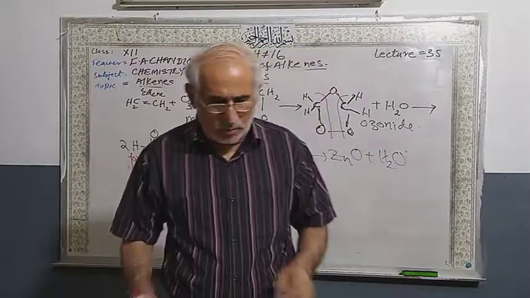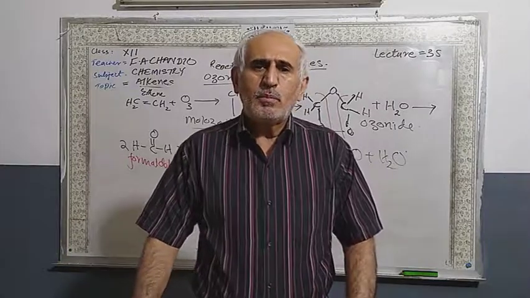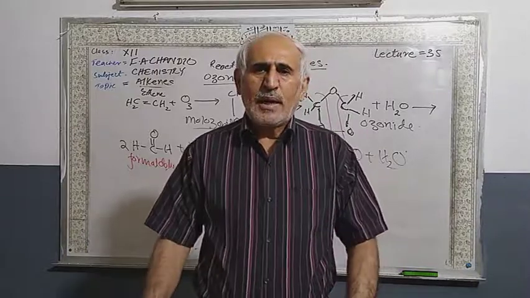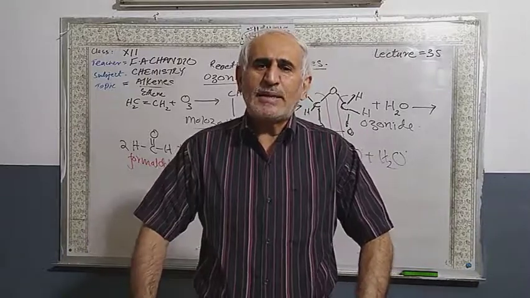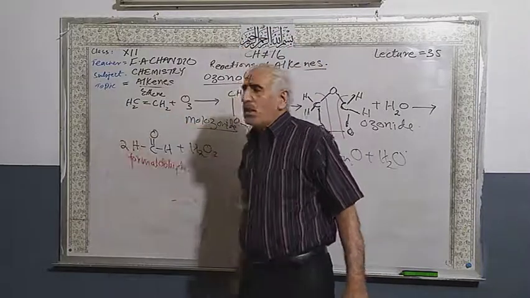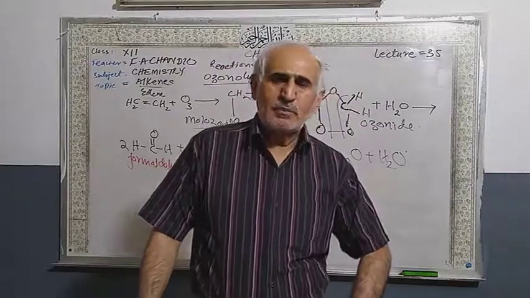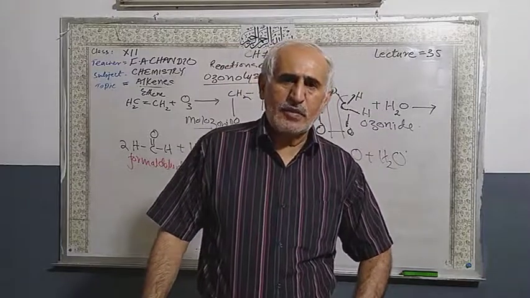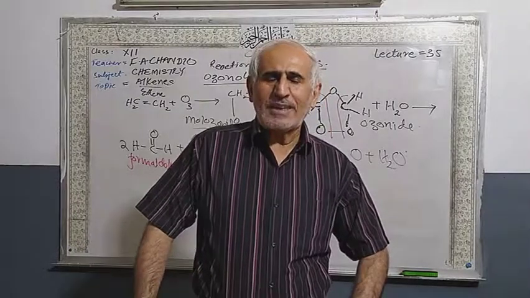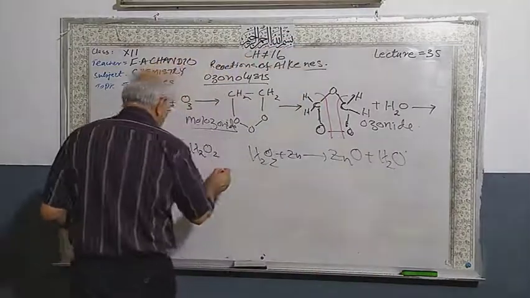When monomers combine with each other to give a big molecule, that is called a polymer, and the process is called polymerization. So ethene molecules combine at 400 degrees centigrade, 100 atmospheric pressure, in the presence of a catalyst. You will get polyethylene.